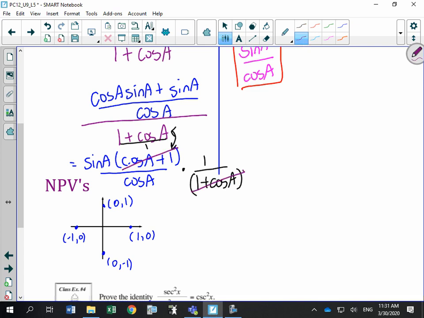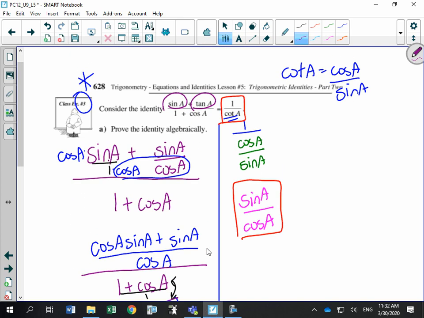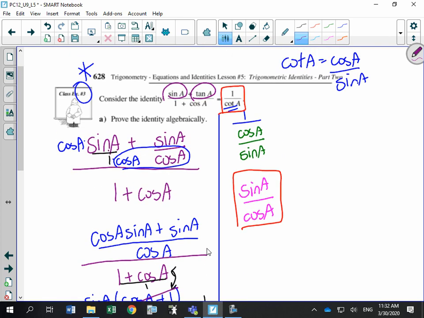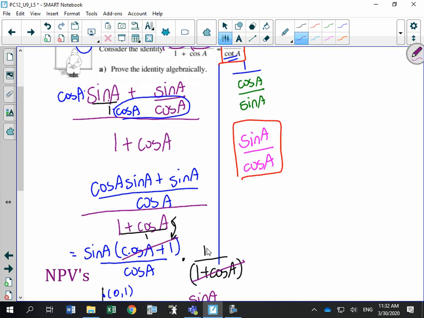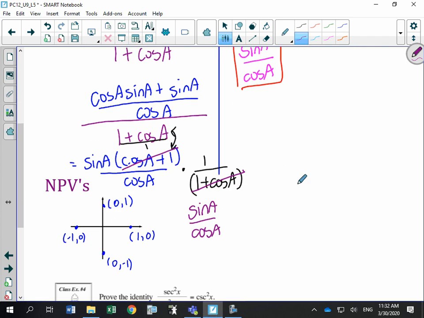And what I would be left with is the sine of A over the cos of A. And I could stop there because I've now proven it. If I really wanted to, I could convert the sine of A over cos of A back into 1 over cotan of A, but really left-hand side is equal to right-hand side. I'm going to stop. So left-hand side is equal to right-hand side.